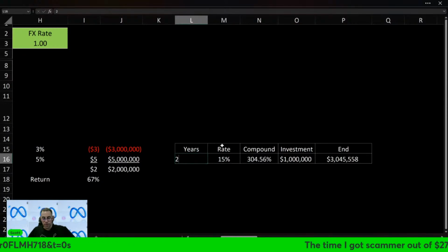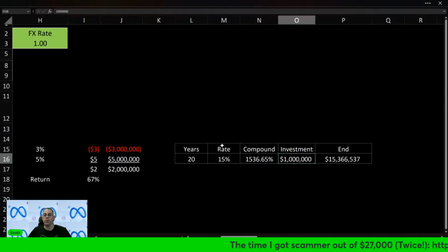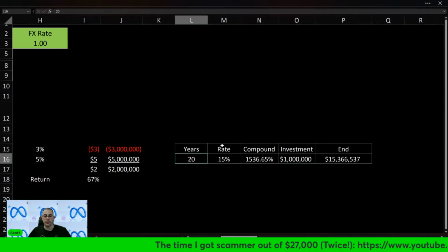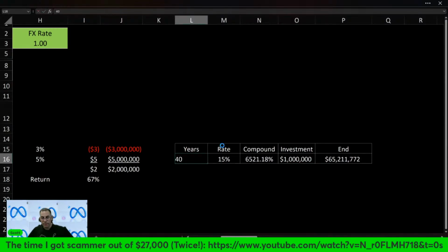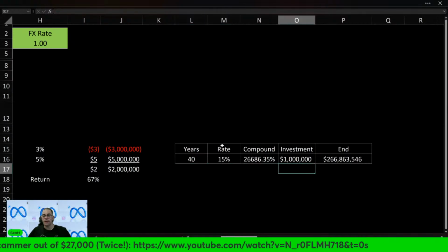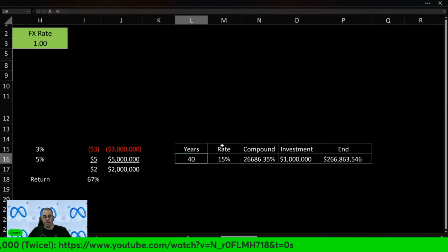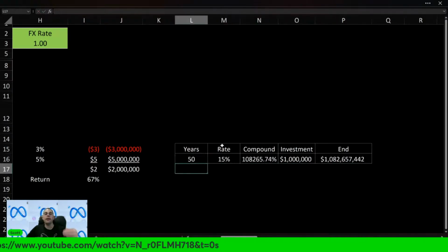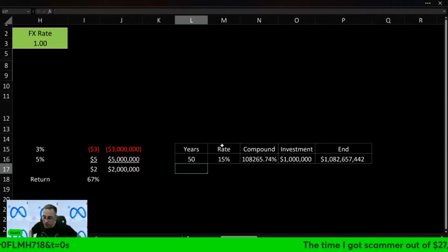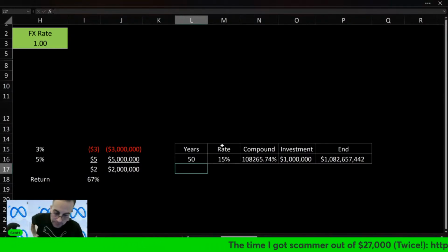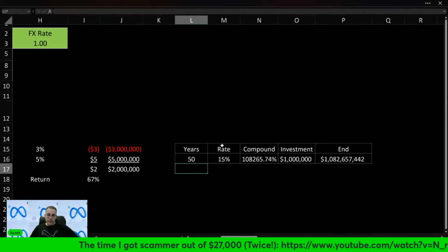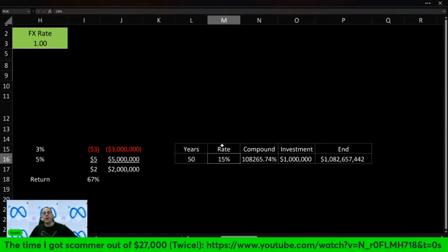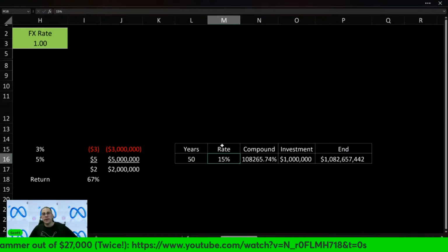And if you did it for 20 years, you could have turned 1 million to 15 million. 30 years, 65 million. And in 50 years, you could have been a billionaire by investing in US Treasuries. That's like the people who put money into Berkshire Hathaway when it first started.